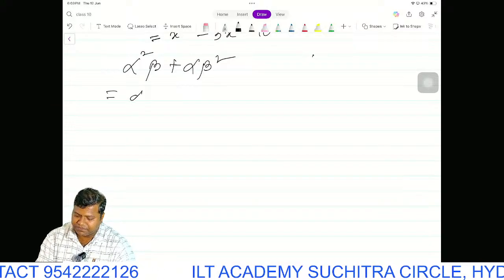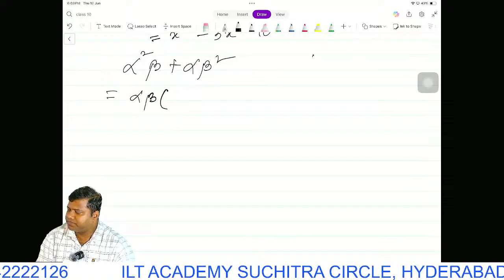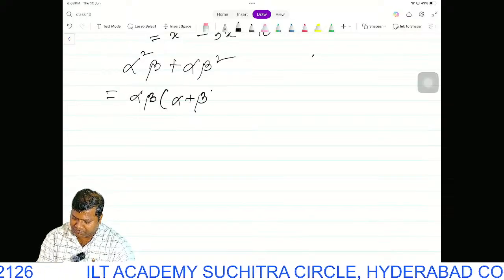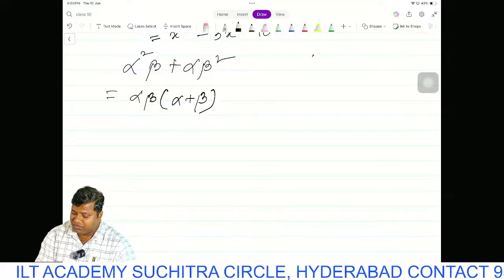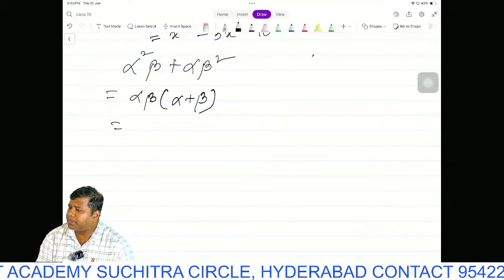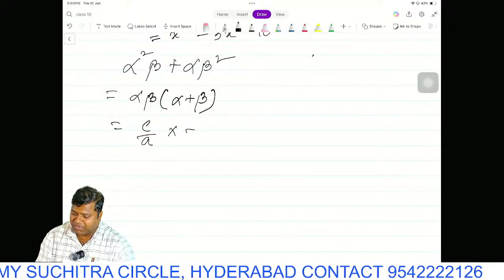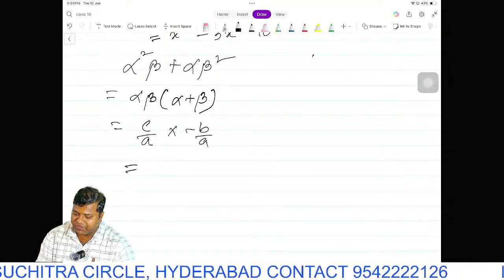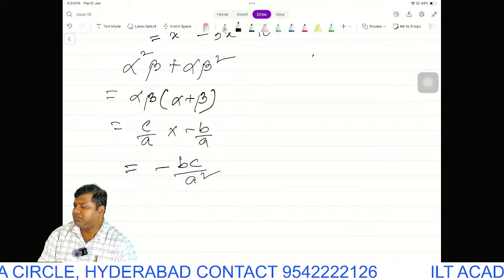Alpha beta, if I take alpha beta as common, what will be left? We know both values. What is the value of alpha dot beta? C by A. What is the value of alpha plus beta? Minus B by A. So if I multiply this, it is minus BC by A square, that's it.